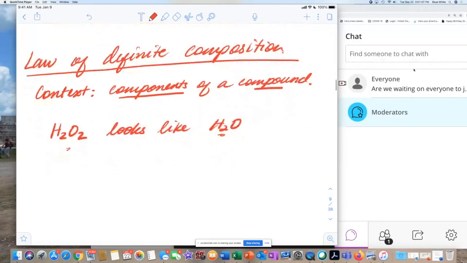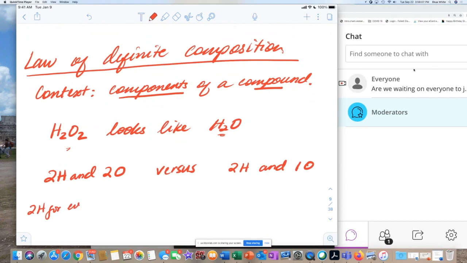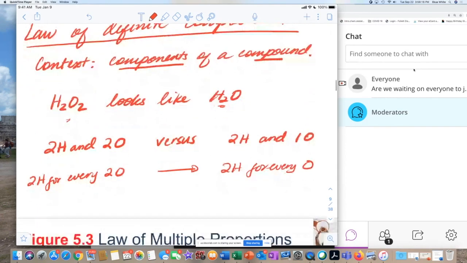And when you look at that, you will see here that in this formula of H2O2, you have two hydrogens and you have two oxygens. On the other side, versus in the water formula, you have two hydrogens and one oxygen. Okay? So here you have two hydrogen for every two oxygen, and then over on the right side you have two hydrogen for every oxygen, right?